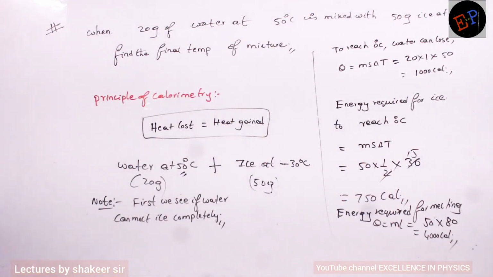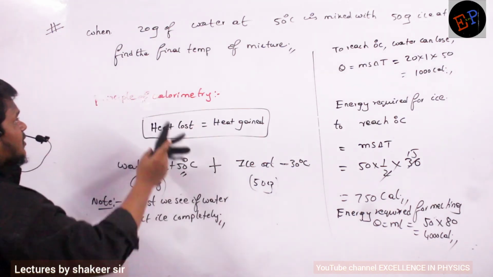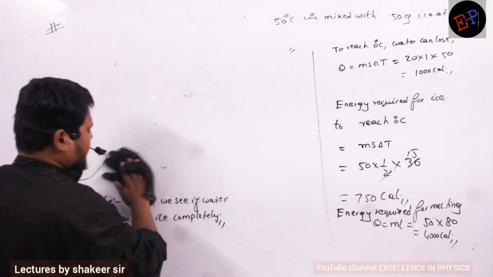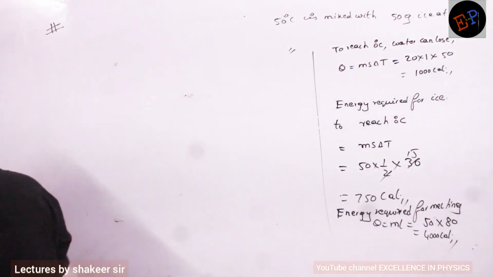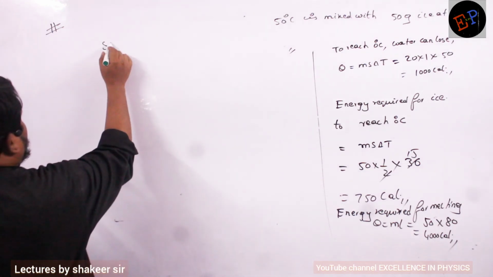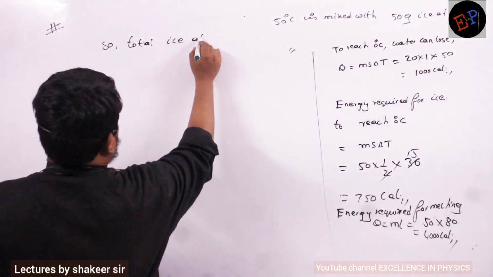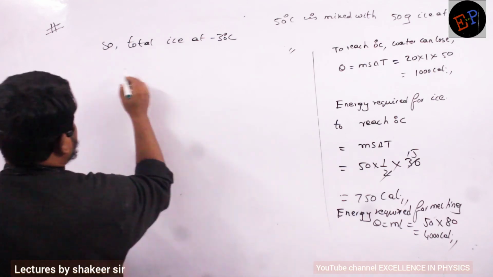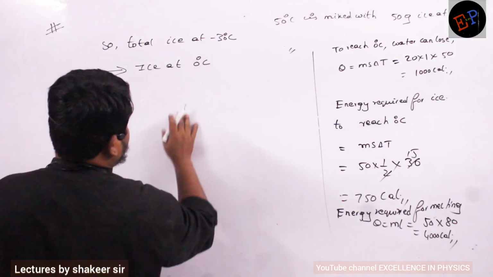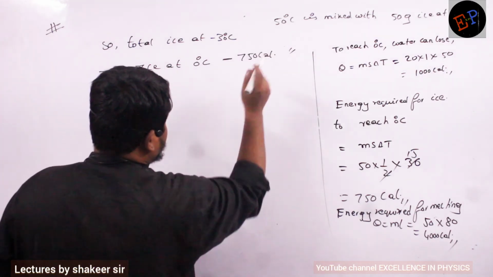Okay, so therefore, completed this one? Therefore what do we write? So, total ice at minus 30 degrees converts into ice at 0 degrees Celsius, and it requires how much energy? 750 calories of energy.